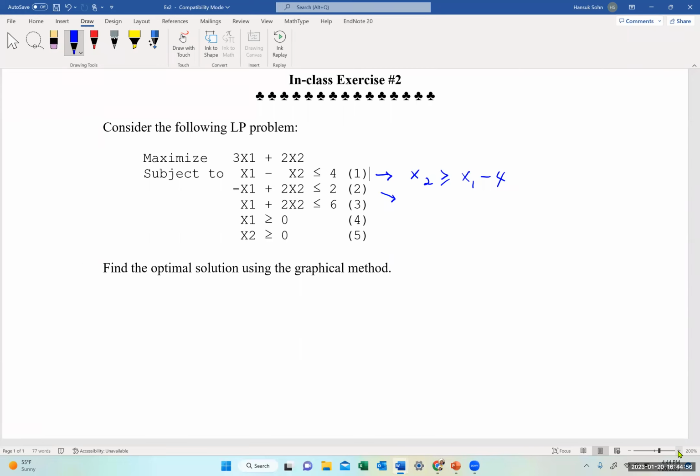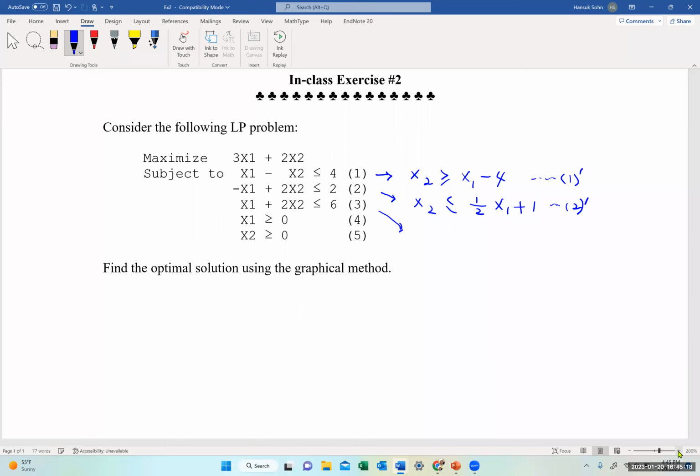And it's going to be x2 less than or equal to 1/2 x1 plus 1. So this is constraint number 1, constraint number 2 prime.